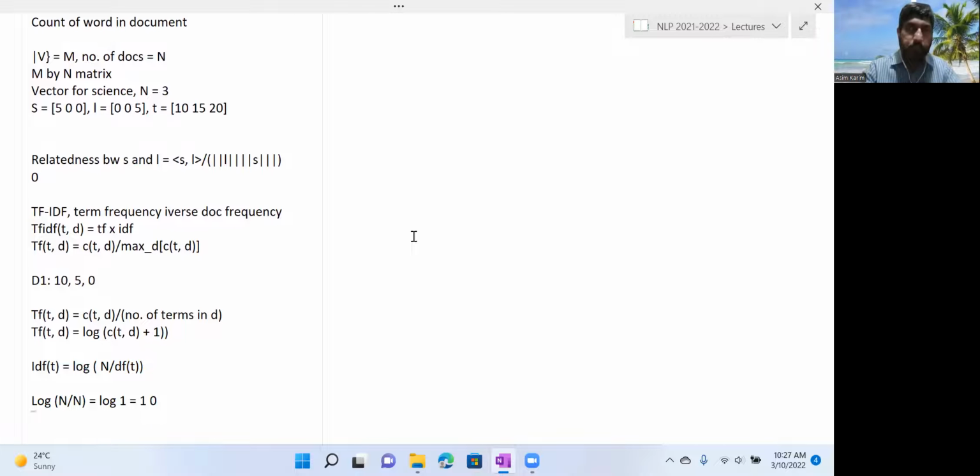And if a word occurs in fewer documents, then of course this term would be higher, or it magnifies its impact.